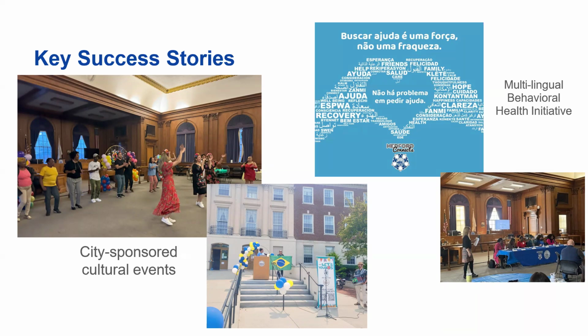So our team did a pretty significant community needs assessment around the stigma around behavioral health, and came up with a multilingual campaign to get the word out. And this was through another community health grant, but it kind of shows that once you have this team together, you can look at other funding opportunities to address other issues.